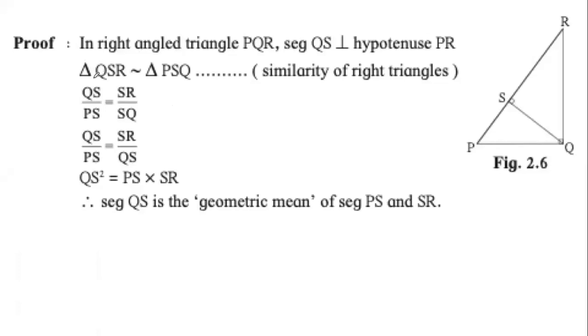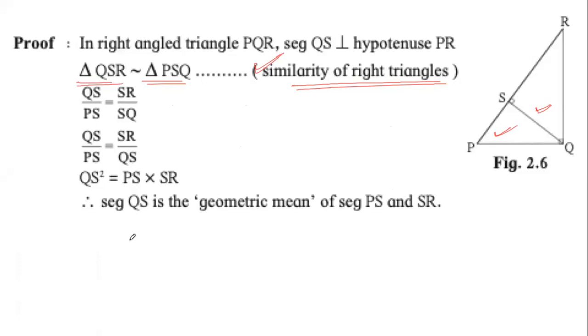We have to look at triangle QSR and PSQ. We already know that they are similar, by similarity of right triangles. Remember this. The previous theorem that we saw, we can refer to it as similarity of right triangles.